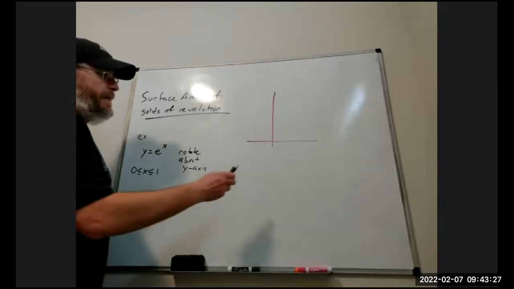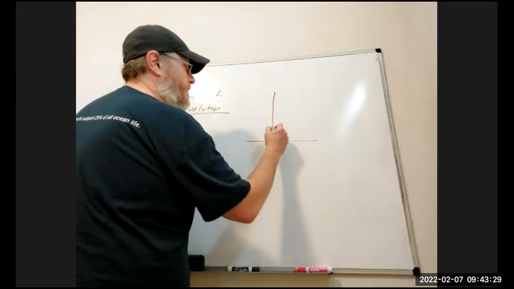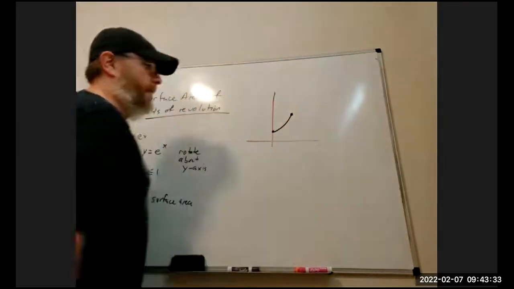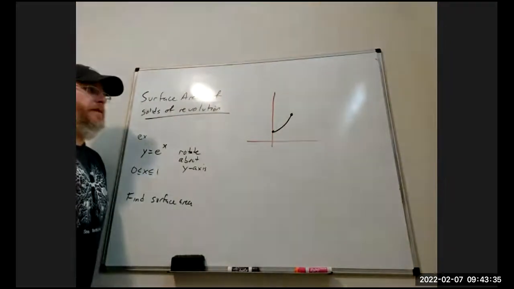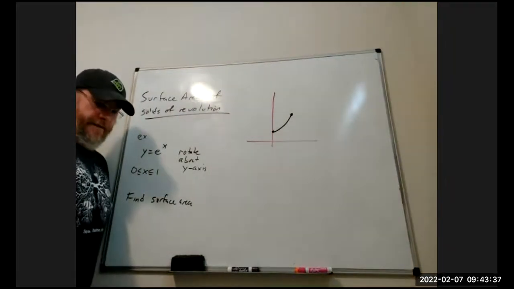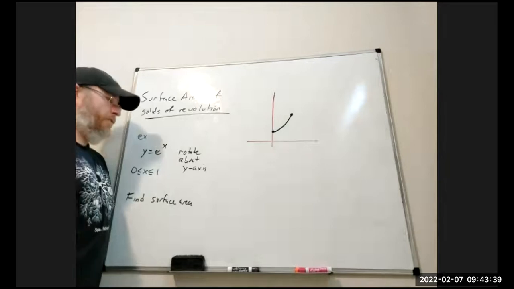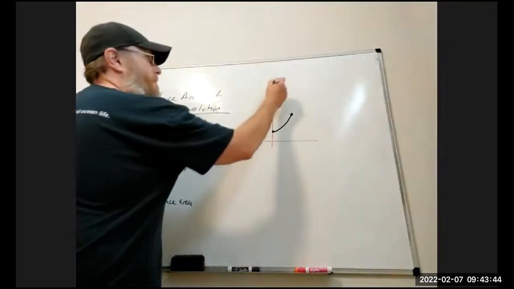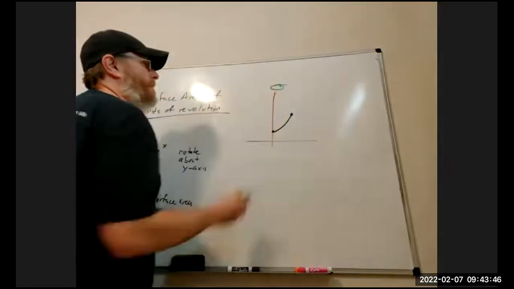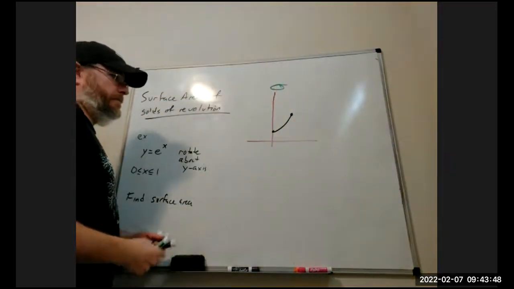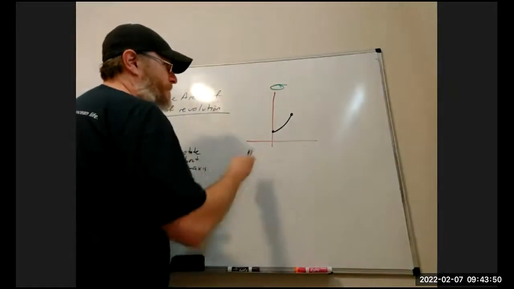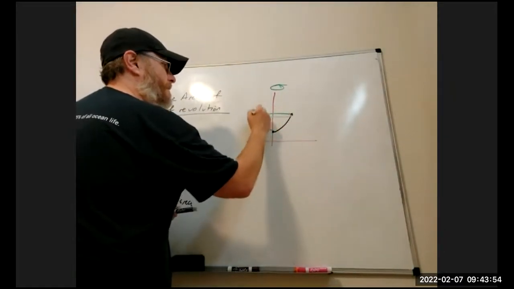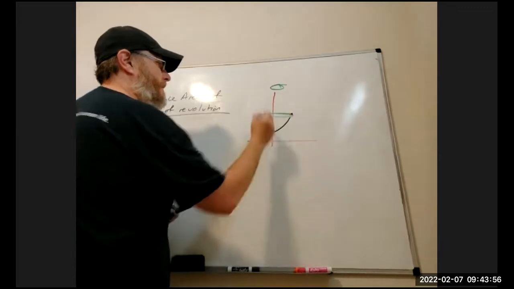All right, so e to the x between 0 and 1 for x is going to look like this. So there's the piece that we're going to rotate. We are going to rotate that about the y-axis. So here. What that would look like is basically like that little bowl.